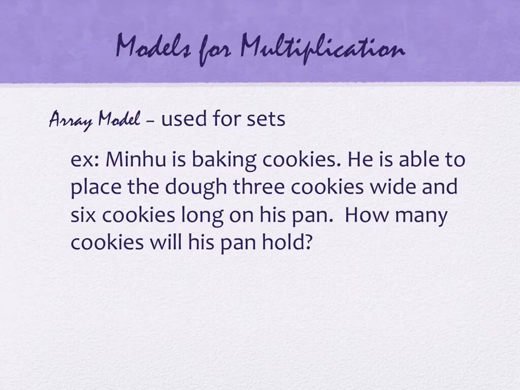This one would lend itself very well to drawing a picture to solve it. Let me change my color. So that's my cookie. It says that I have 3 cookies wide, and that we're going to be 6 cookies long.